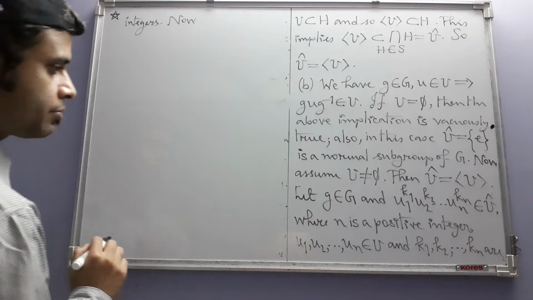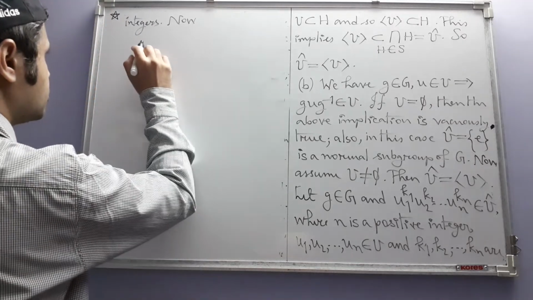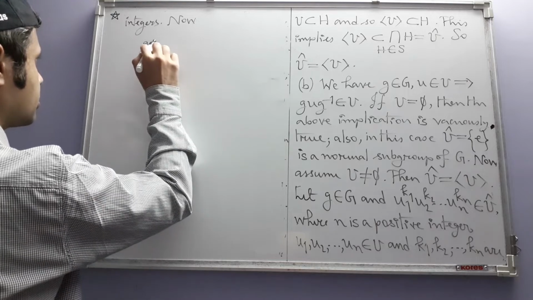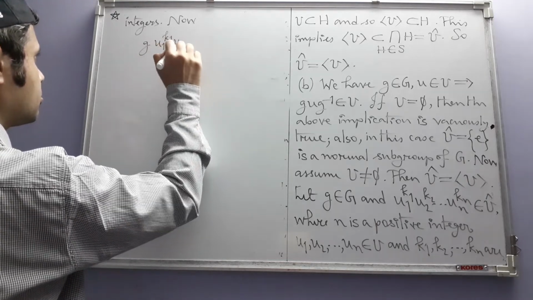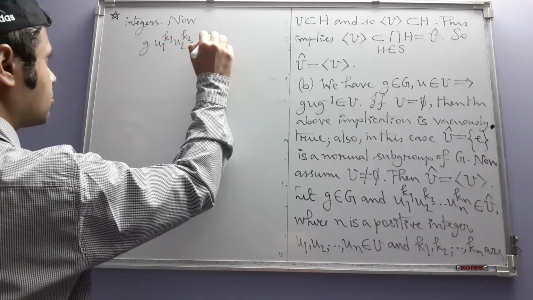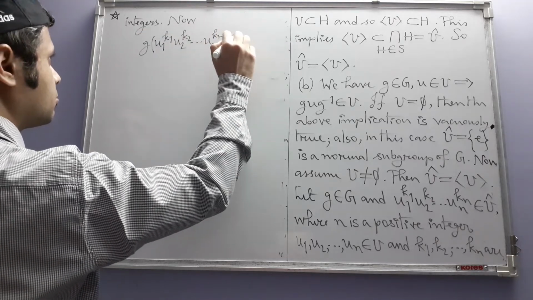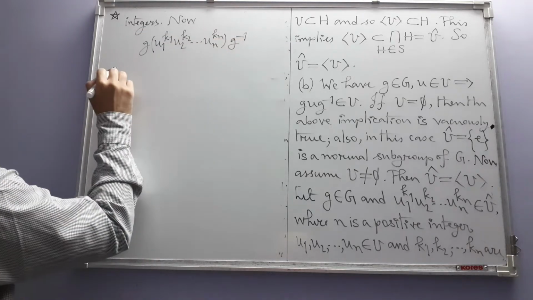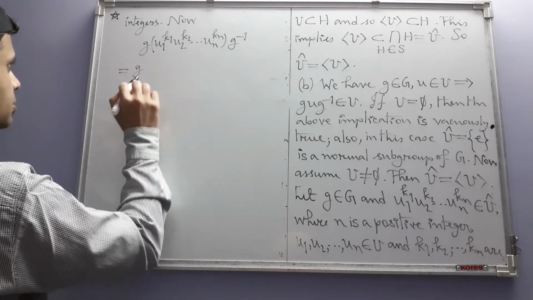Now our aim is to show that U hat is normal. So we form this product. Which can be written like this.